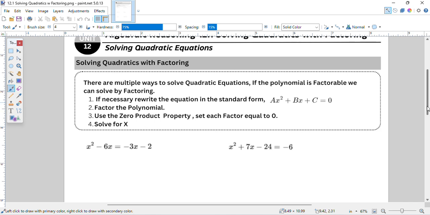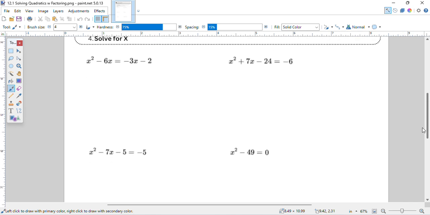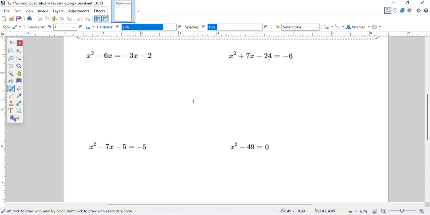And that's exactly what we're going to do. So to just jump right in, I have some examples here, and we're just going to start right here. Clearly, this is not in the form ax squared plus bx plus c. Like we have our equation split into two separate expressions. So I am going to move this negative 3x minus 2 back over.